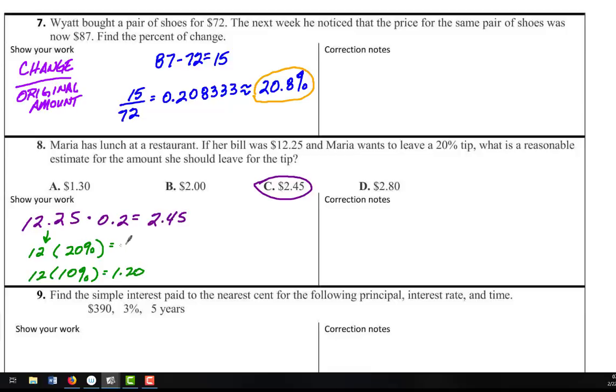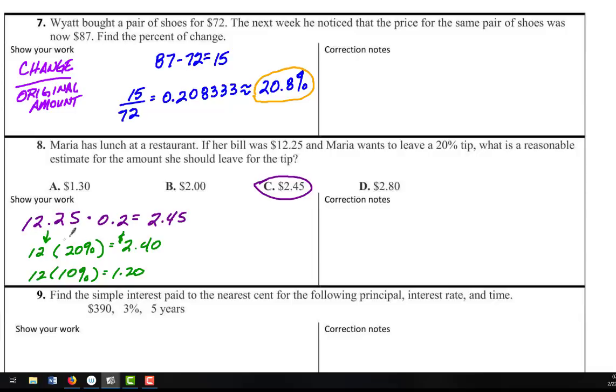So $12 times 20% would be $2.40. $2.40 should have appeared as one of the answer choices. It did not. So if you said about $2.40, you were doing the problem well and you were better than the person that wrote this test, which is actually me, and I left out the correct one. That was my fault. But you had the idea.